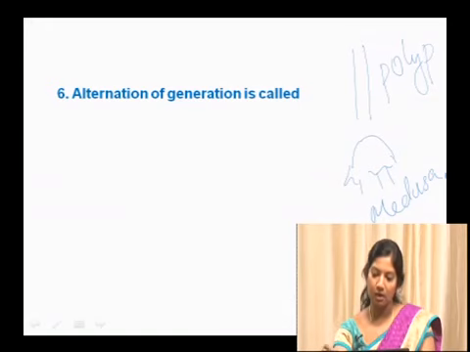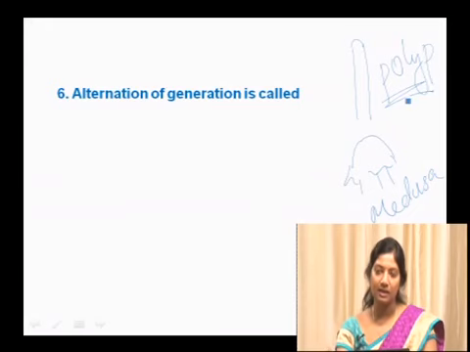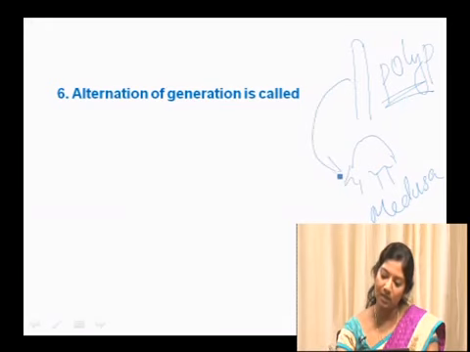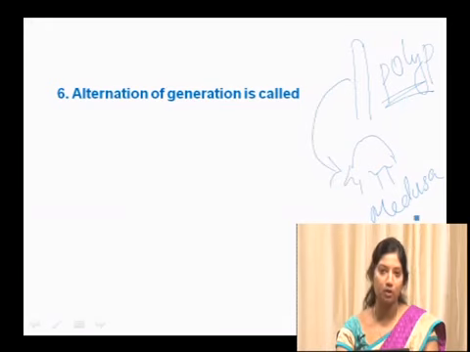So the same organism may have two different forms when it is in different phases of its life cycle. So the cylindrical structure called polyp is actually an asexually reproducing structure. So it reproduces asexually and results in the formation of medusa. Medusa is a sexually reproducing structure. It is a free swimming structure.